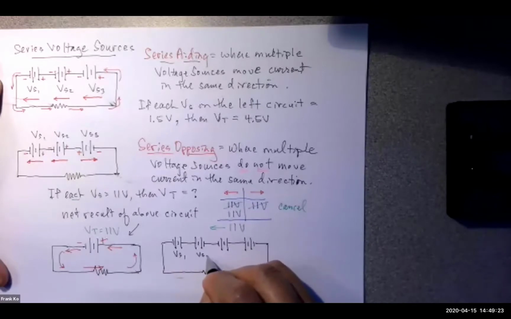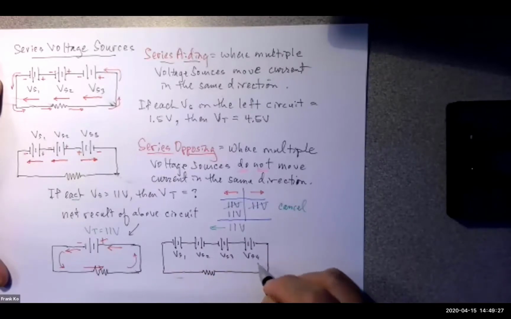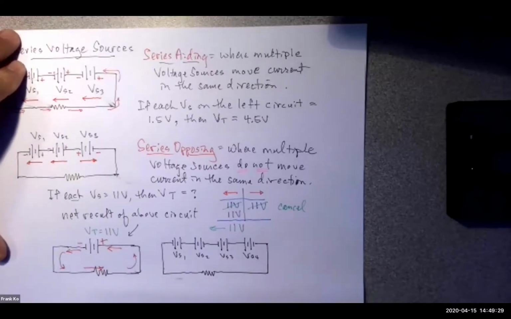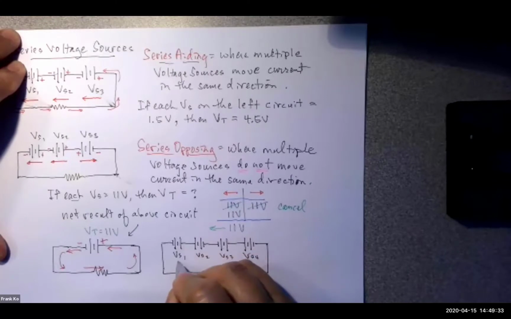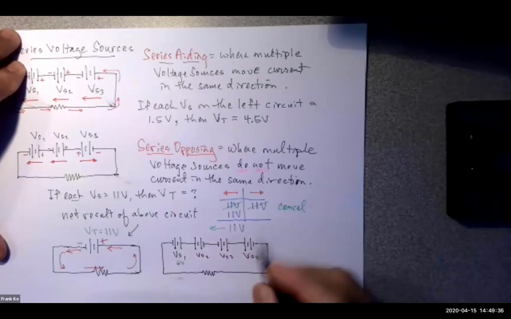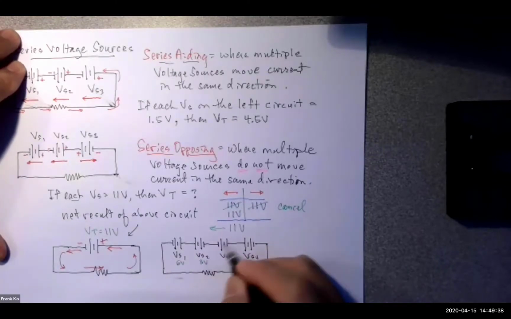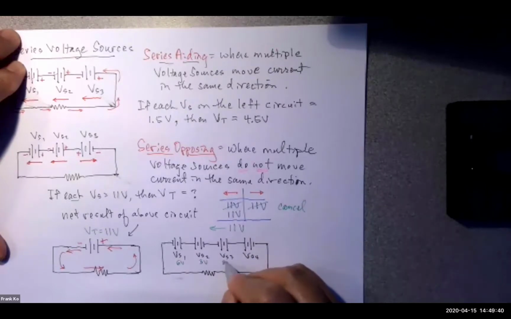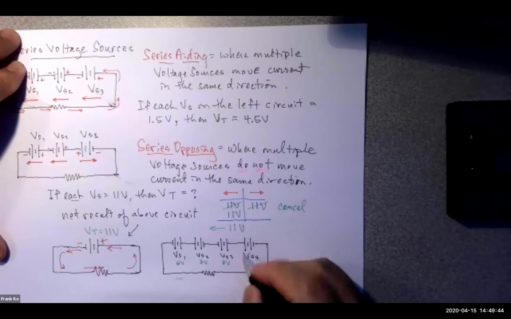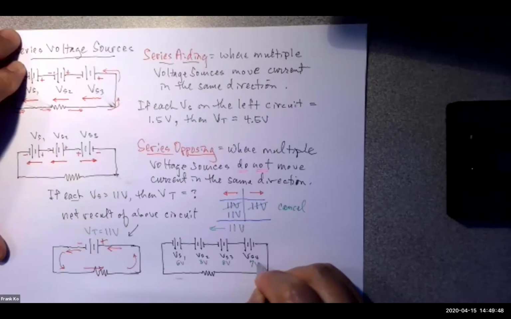VS1, VS2, VS3, and VS4. And the values I'm going to put down on here, VS1 will be 6 volts. VS2 will be 3 volts. VS3 will be 8 volts. And VS4 will be 7 volts.